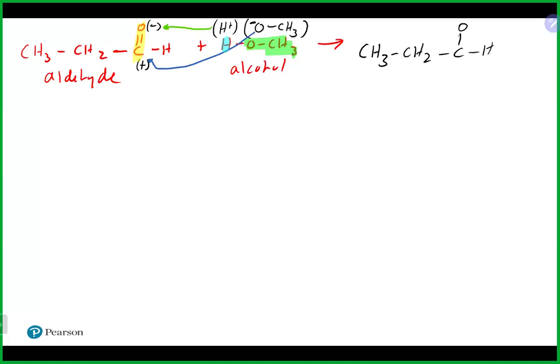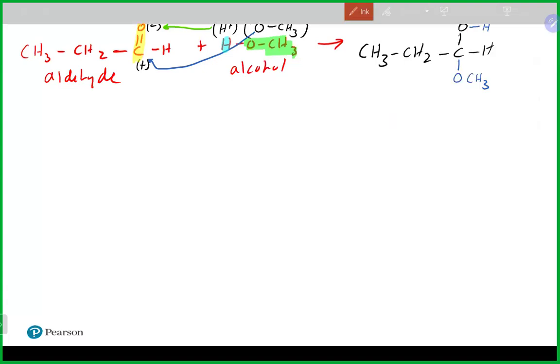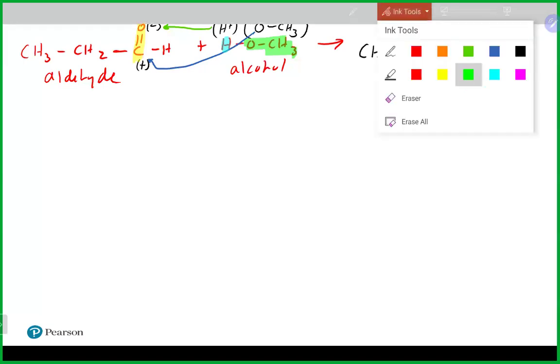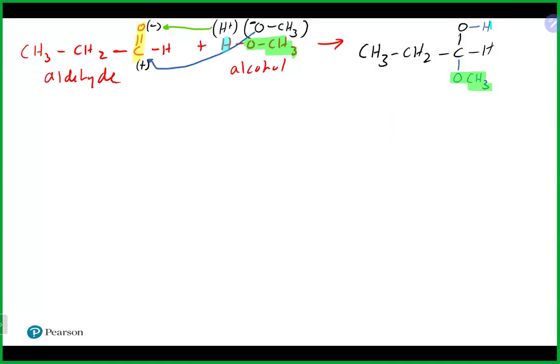And what that's going to make is a hydrogen here, and this oxygen carbon group gets added here, and that's basically from the alcohol. So again, our two parts there, that guy there, and our hydrogen right there. That's where they're going to end up.